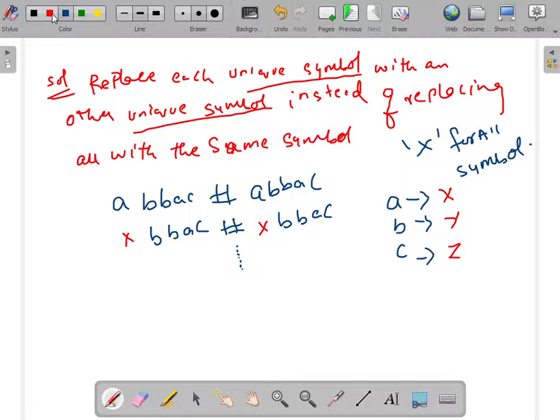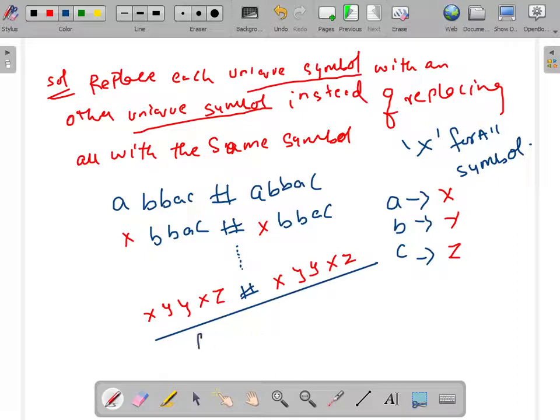At the last we will get X. What is this? B is replaced with Y, this B is replaced with Y, A is replaced with X, C is replaced with Z, and here also X, B is replaced with Y, B is replaced with Y, A is replaced with X, C is replaced with Z. So this is about the comparison, and this is our final answer.